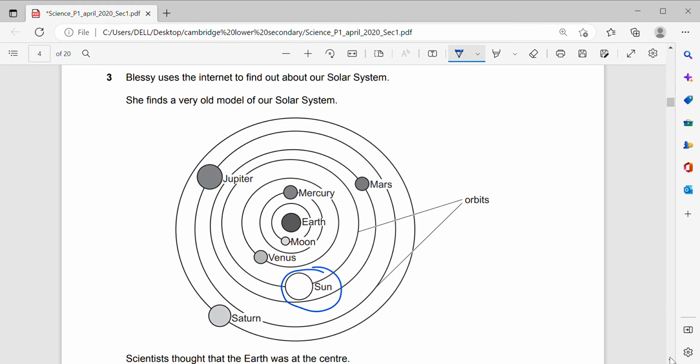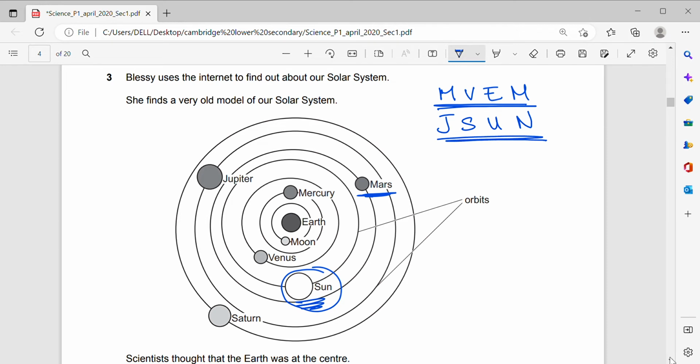The correct information about this model is that the sun doesn't move. Also, the order of planets is not correct because the order of the planets is we have Mercury, Venus, Earth, Mars, then Jupiter, Saturn, Uranus, and Neptune. These are the inner planets and these are the outer planets. So the order of the planets is not correct.